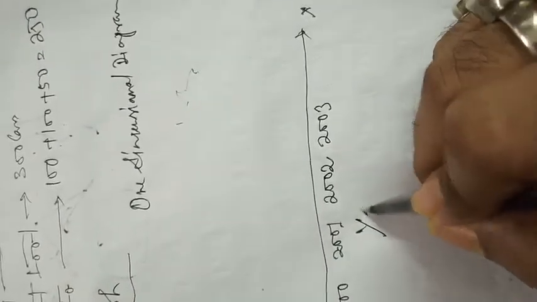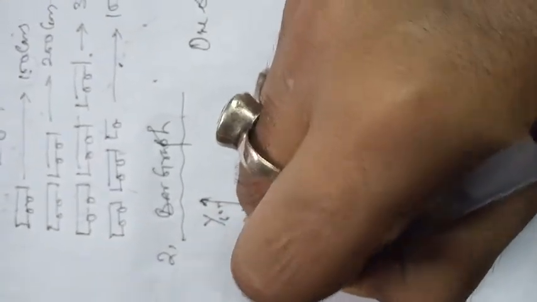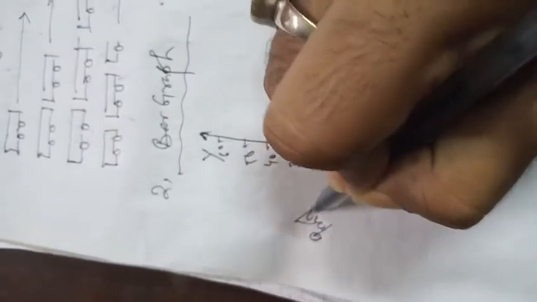So this x-axis we say years, and this axis we say production. Now we will draw some bars.